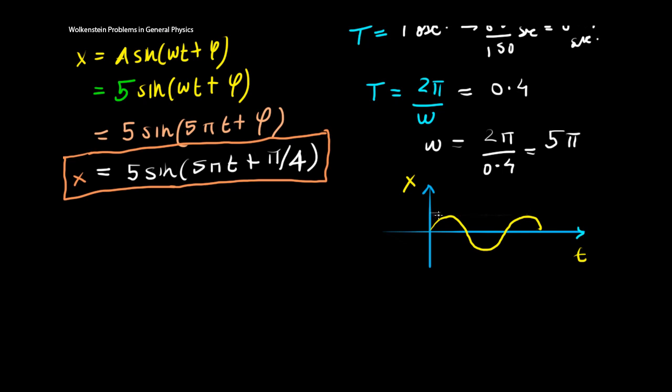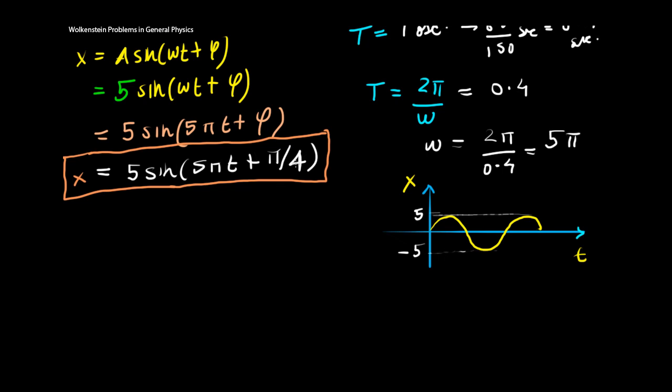So this coordinate here is 5, sorry, not 1, and this down part will be -5 as expected, because the minimum value of sine is -1, so the minimum x will be -5.